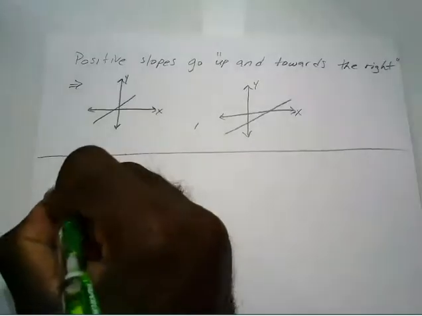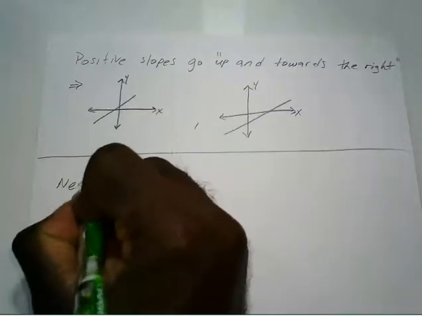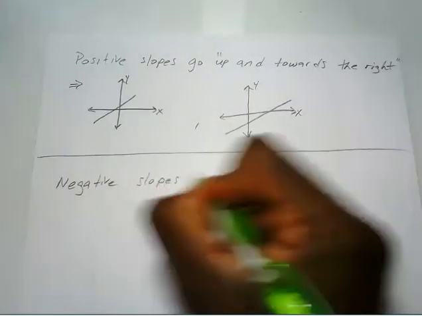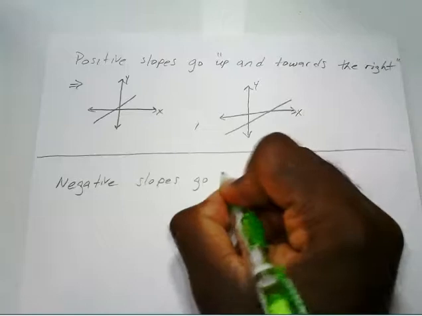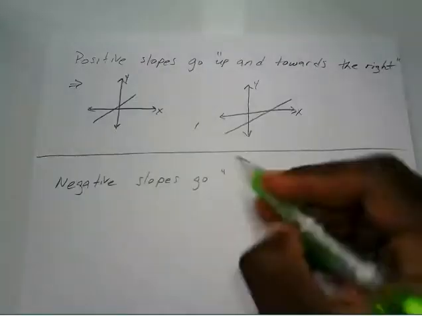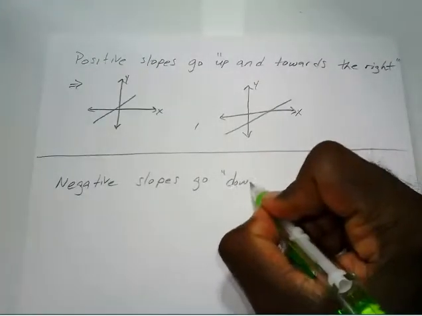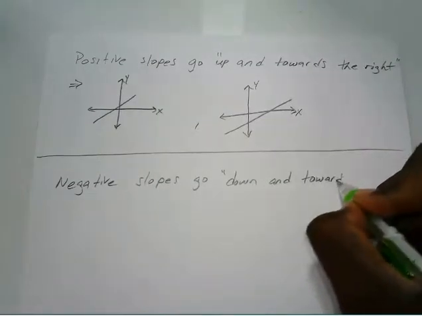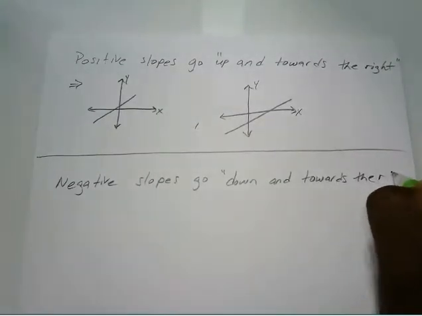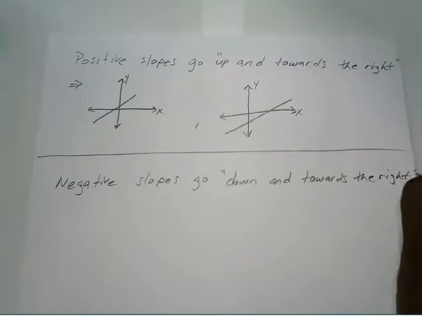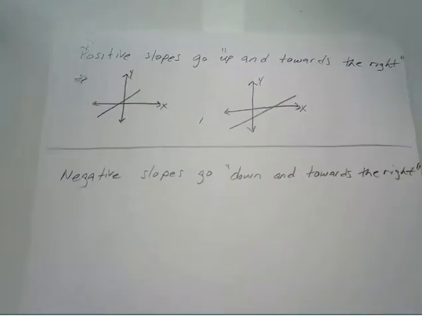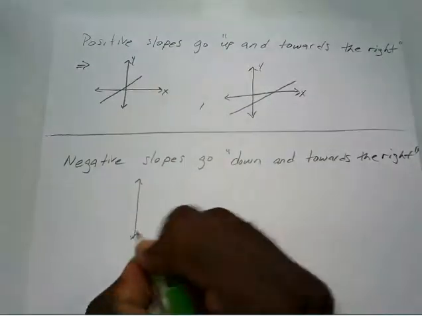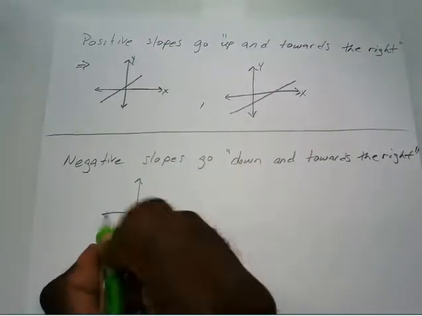Your negative slope, however, they go down and towards the right. Okay, so that means draw a couple of XY axes here.